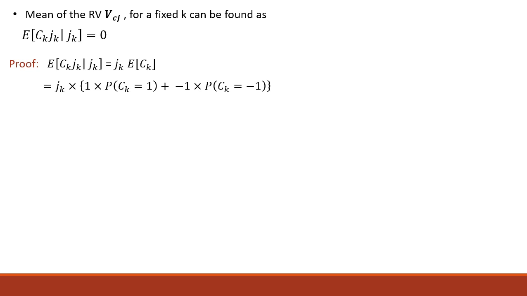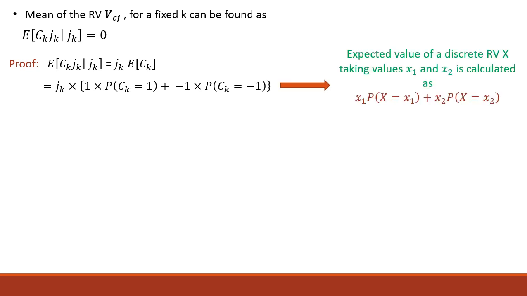So this expected value of ck can be written as 1 into the probability of ck taking the value 1 plus minus 1 into the probability of ck taking the value minus 1. This is from the relationship as shown on the right.